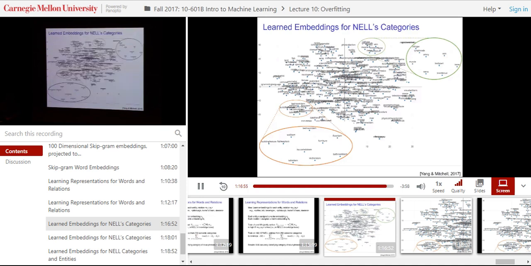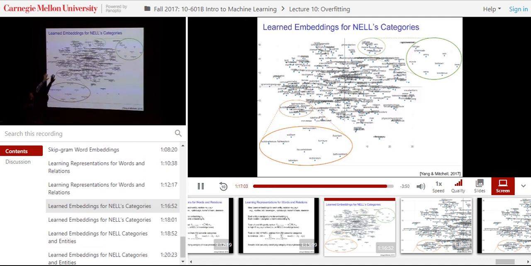And so if you look at what those look like, here it is. We project those learned embeddings down to a 2-dimensional space. Here are the learned embeddings for the 258 categories themselves. The categories get a vector as well as the ground entities.